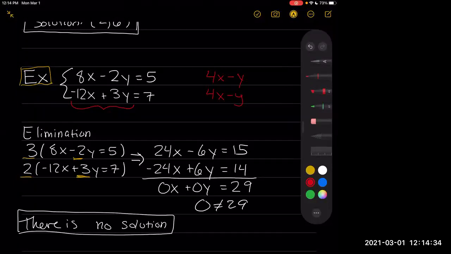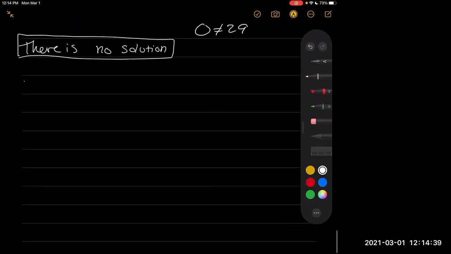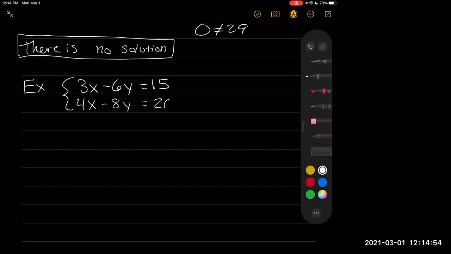Okay. So looking at one final example from this part, we're going to look at 3x minus 6y equals 15 and 4x minus 8y equals 20. So we're going to multiply the first equation by 4, and the second equation by 3.